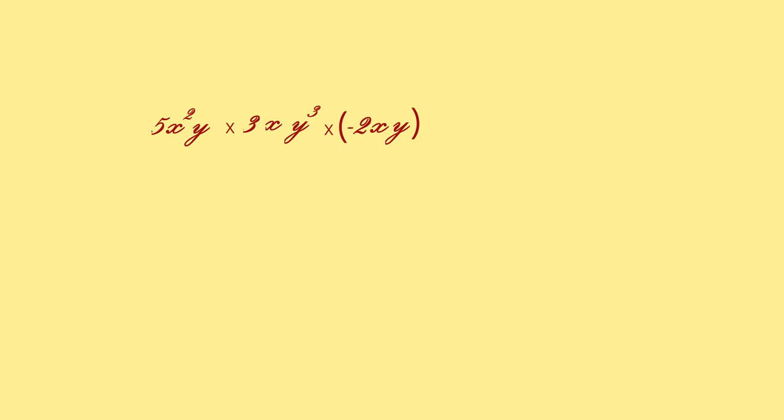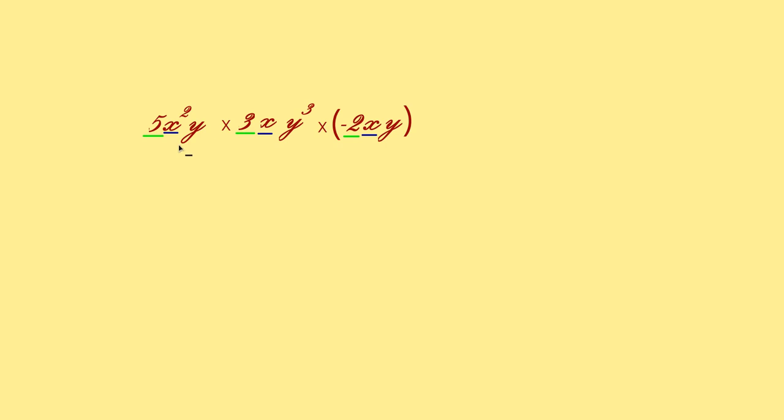Now, how will you multiply 3 or more monomials? Here is a question. 5x square y into 3xy cube into minus 2xyz. First, look at the numerical coefficients. Here 5, 3 and negative 2. Do multiply it first. Then the x containing factors, that is x square, x and x, that you can multiply second.